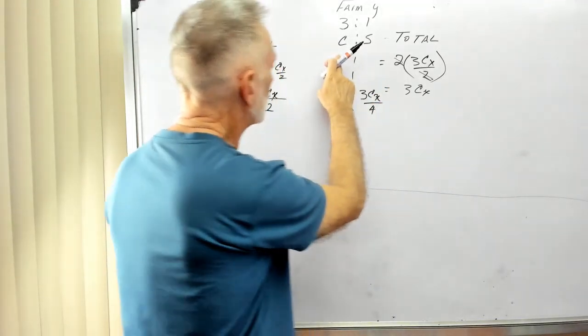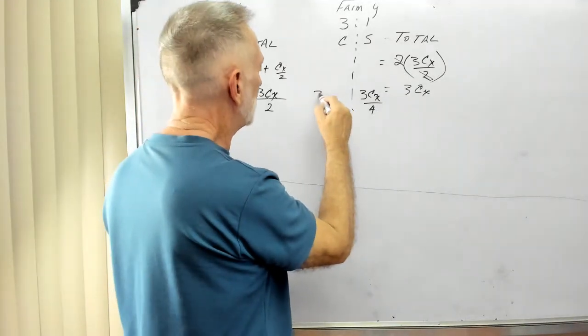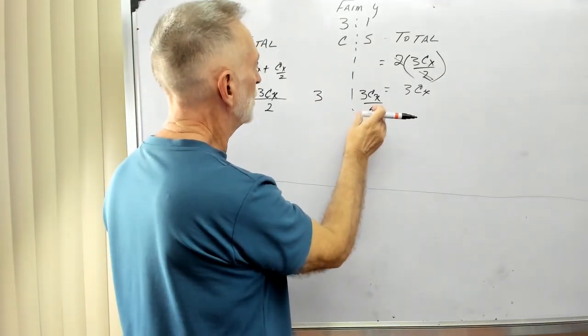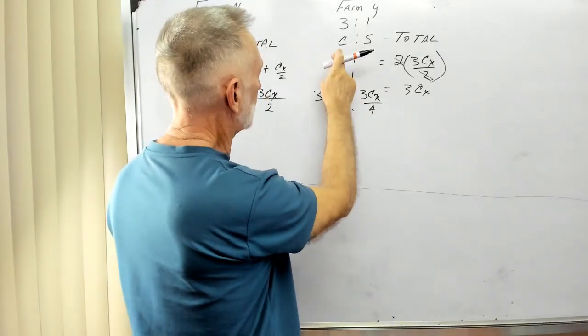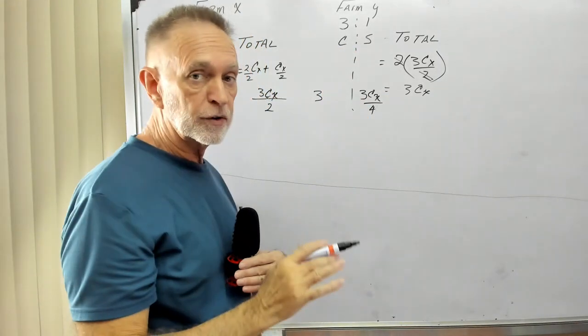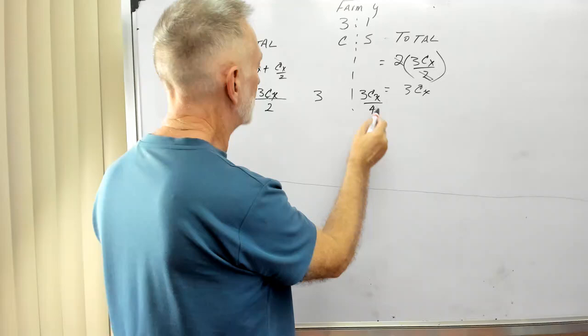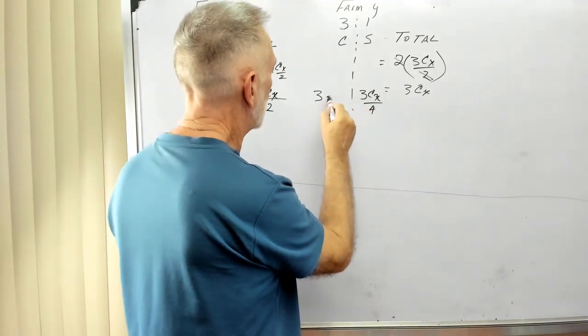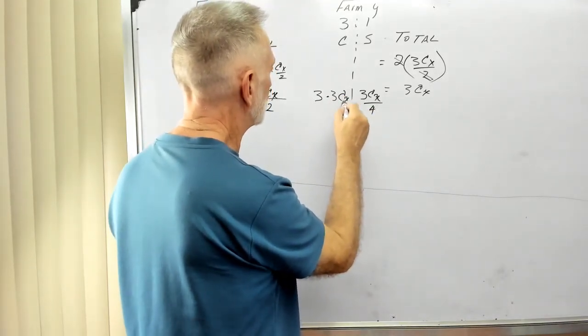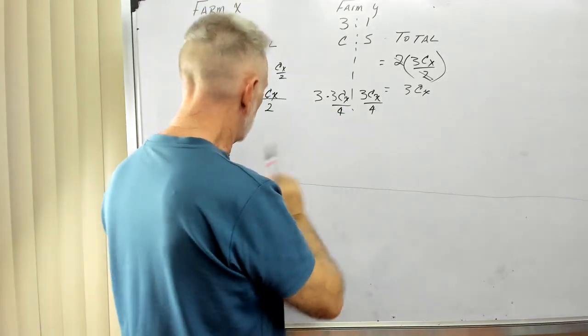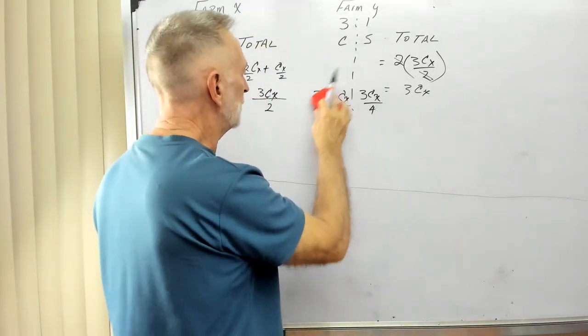And then the number of cows on Y would be 3 times that. If that's the number of sheep, I have 3 times as many cows on Farm Y as I have sheep. So 3 times 3C sub X over 4. So 3 times 3 is 9.